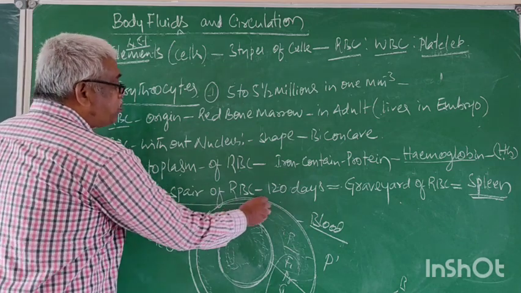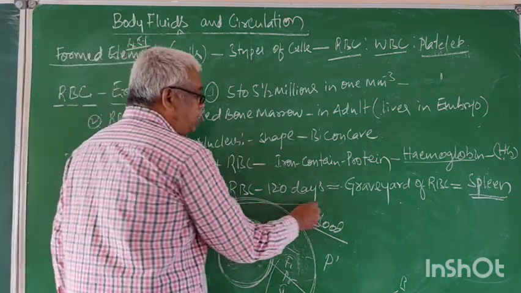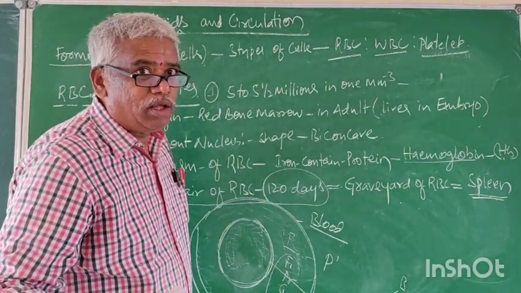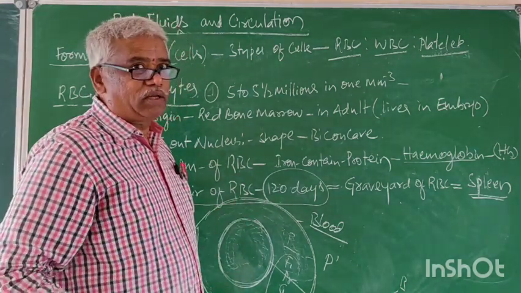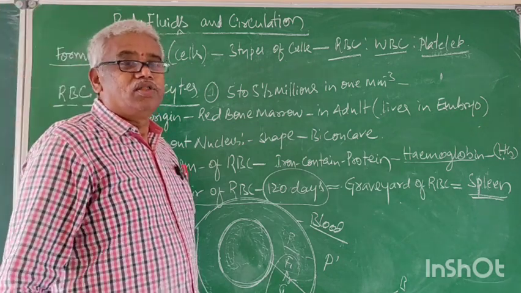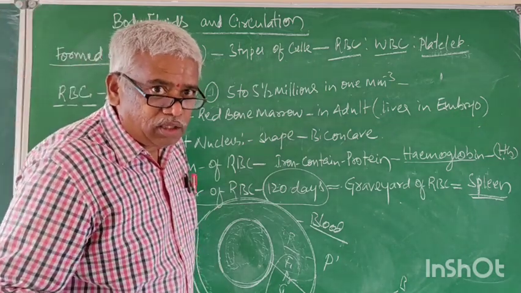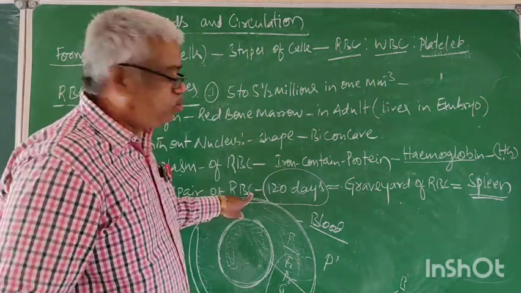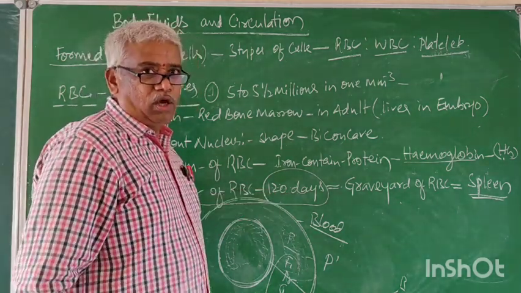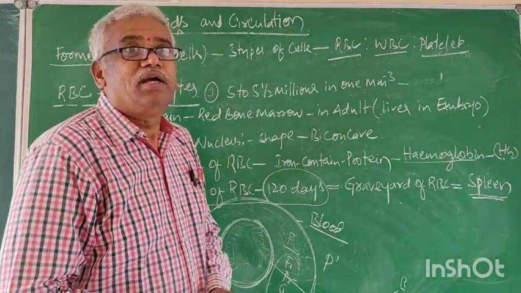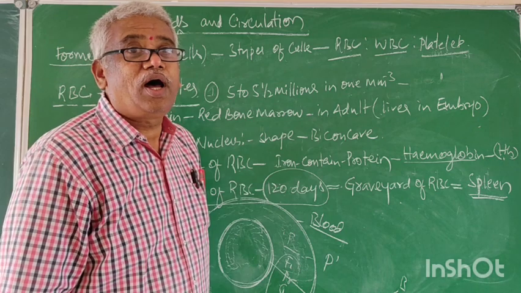The lifespan of RBC is just 120 days. I am not saying our lifespan. The RBC's lifespan. Our lifespan is maybe 90 years, 80 years, 100 years. That means in your lifespan, the RBC lifespan is negligible. 120 days. After 120 days, they will be destroyed, decomposed.